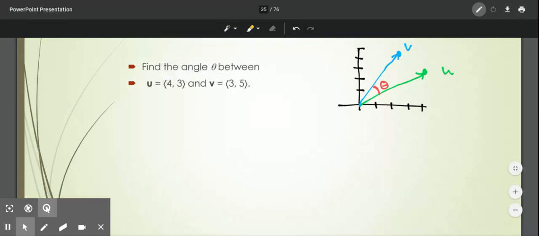And as a reminder, your formula is the cosine of theta equals u dot v over the magnitude of u times the magnitude of v.